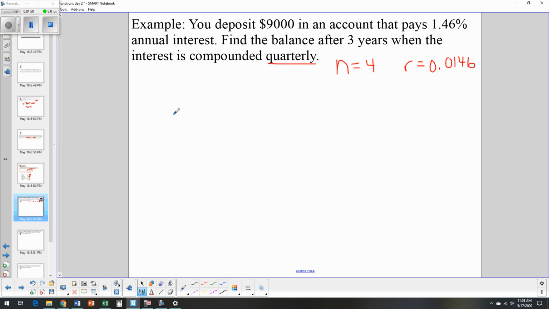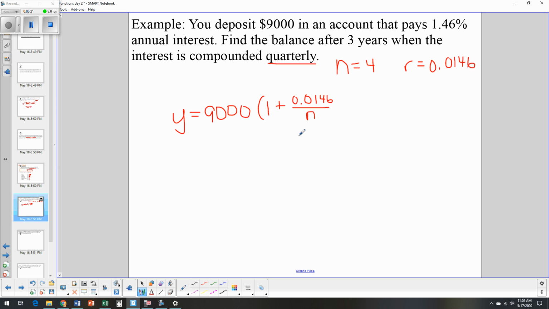So that is going to end up being y equals 9,000, and then in parentheses, 1 plus the r value, 0.0146, over the n value.